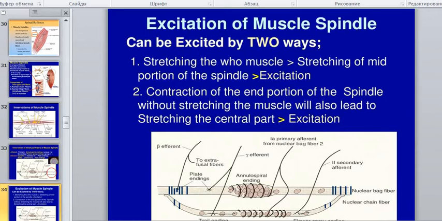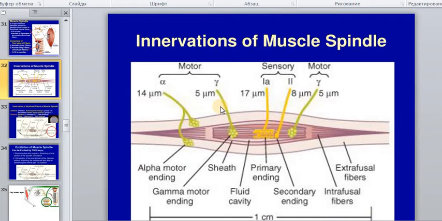Activation of these neurons causes a contraction and stiffening of the end parts of the muscle spindle fibers. Gamma motor neurons are classified as static and dynamic according to the type of muscle fibers they innervate, and their effects on the responses of the 1A and secondary sensory neurons innervating the central non-contractile part of the muscle spindle.